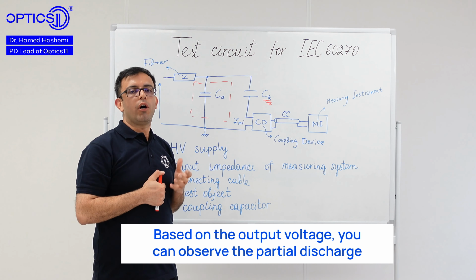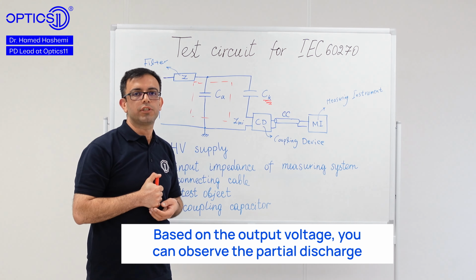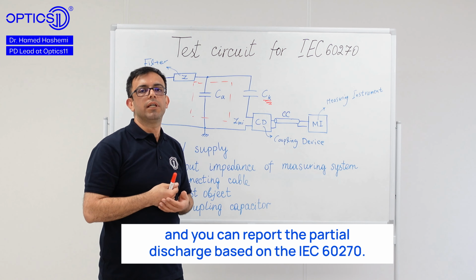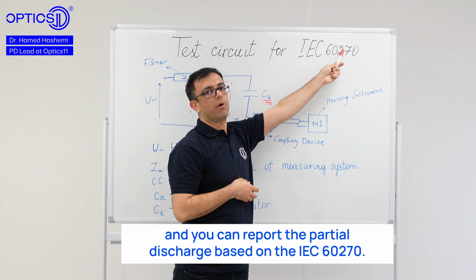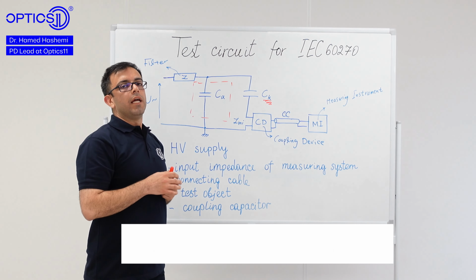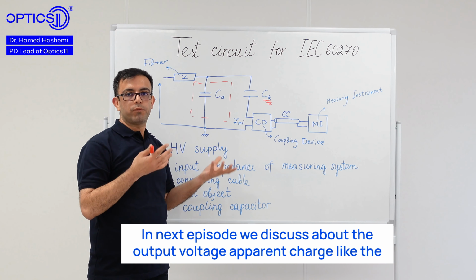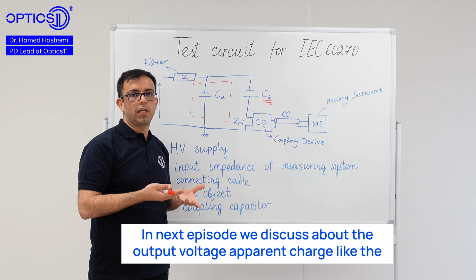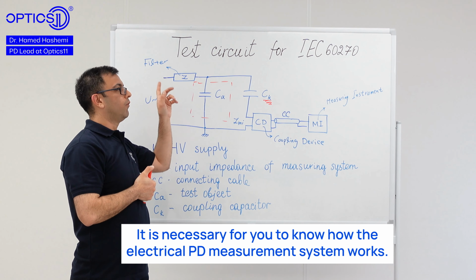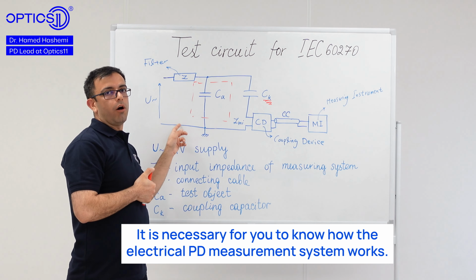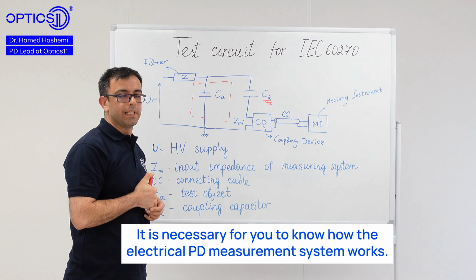Based on the output voltage, you can observe the partial discharge and report it based on IEC 60270. In the next episode, we discuss the output voltage and apparent charge, like picocoulomb, nanocoulomb or others. It is necessary for you to know how the electrical PD measurement system works.